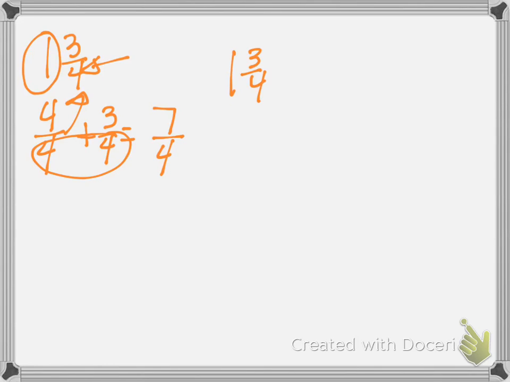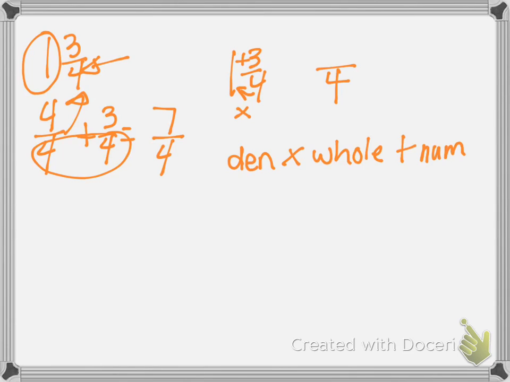Now there is another way to do that, and remember, at any time you want to pause and take notes, that would be a good idea. Remember our denominator is going to stay the same, so we can just get that ready. You can multiply the denominator by the whole number, and then you would add the numerator, and then you would put that over the denominator.